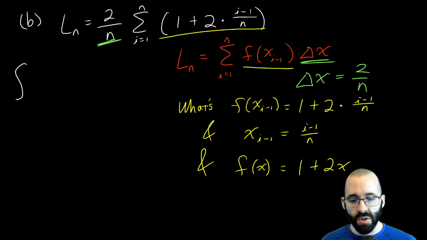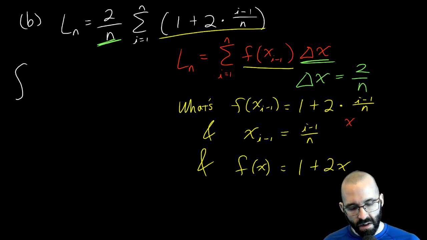So again, we have the integral. We know the width is 2, but we don't know where we're starting necessarily. So let's just look at some of these. Where's the first one? Actually, I guess the first one is going to be when i is 1.